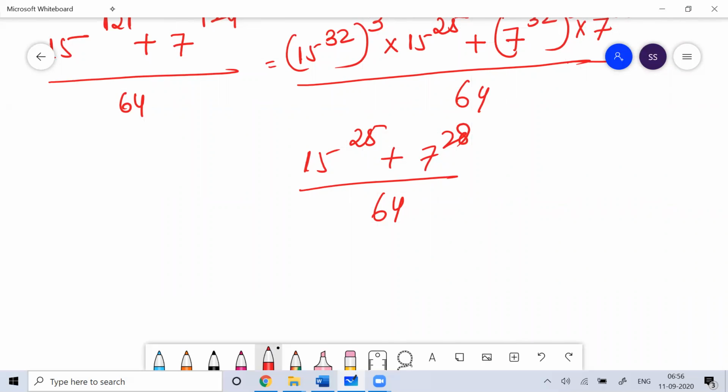Now 64 I can write as 2 to the power 6, and 15 I can write as 2 to the power 4 minus 1.